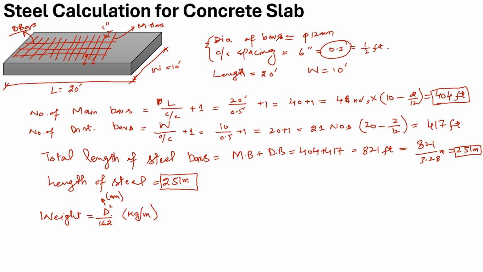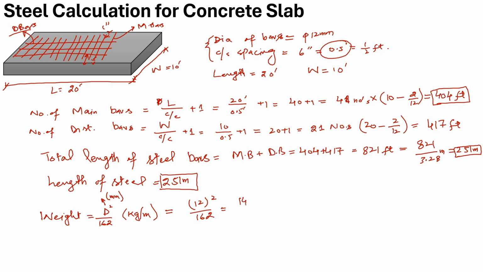It means that you have to put the value of diameter in millimeters, and it will return the answer in kg per meter, meaning how much weight of steel will be required per unit length. I am considering that we are using the minimum diameter of 12 millimeter. So it will be 12 square divided by 162.